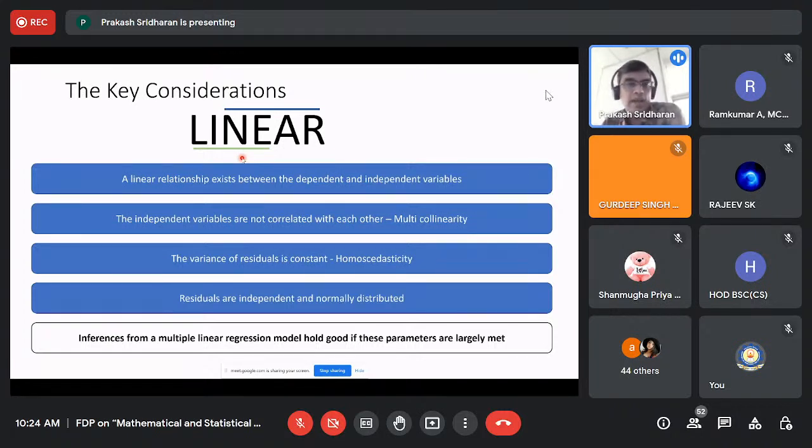Unfortunately, that's what happens in the industry today. We are all tuned to that kind of world. But from a research standpoint, most of the time I've seen people simulating data and observations which largely follow these patterns. So it's a different world altogether. In reality, it's very difficult to meet all of these conditions, but in the simulated world, yes, you can.